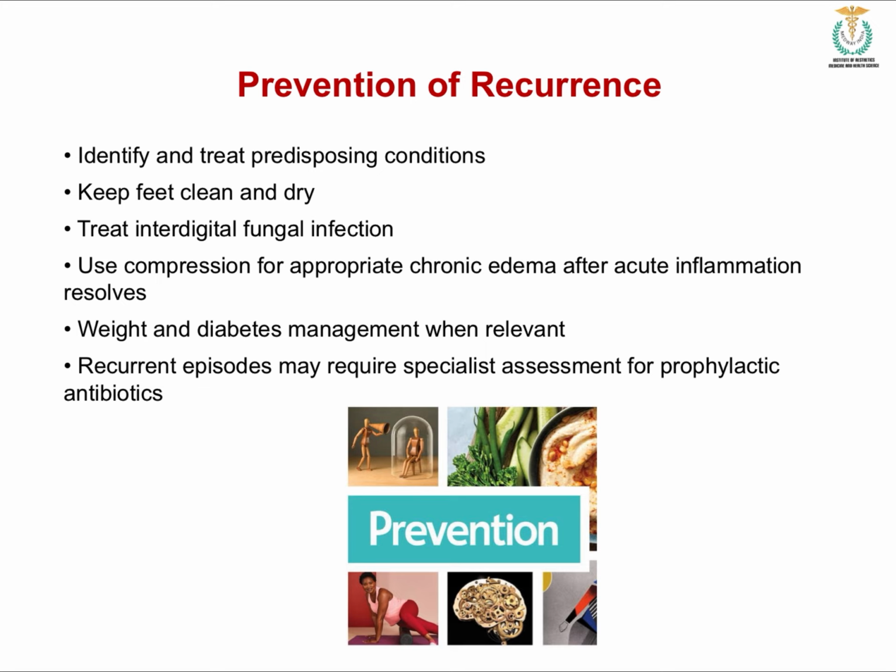And if a patient continues to have recurrent episodes despite addressing these factors, specialized assessment may be required, and in selected patients prophylactic antibiotics may be considered. So this is how we have to advise the patient, and we should know how we can prevent the recurrence of cellulitis and erysipelas.